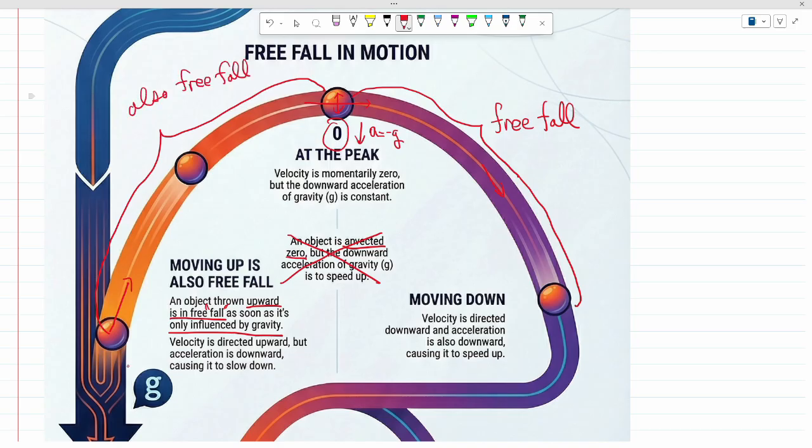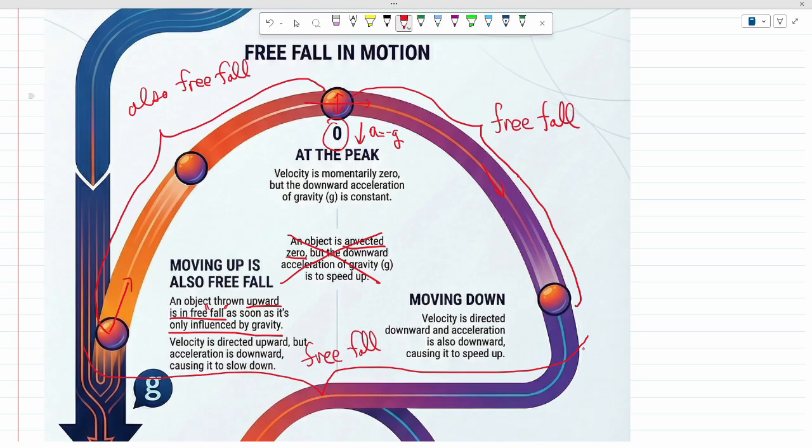Or another way to put it is this entire motion, from the beginning to the end, as soon as the ball leaves your hand until when it's caught, the whole thing is free fall. And I think this will make sense once we start talking about forces, because things that are relevant physically stay the same whether the ball is moving up or down, especially if you can ignore air resistance, which we do for the description of free fall.